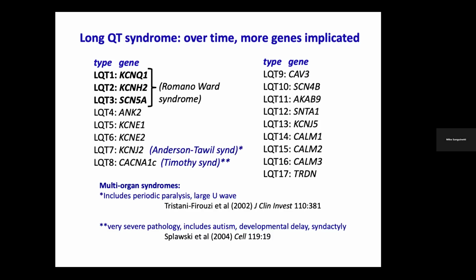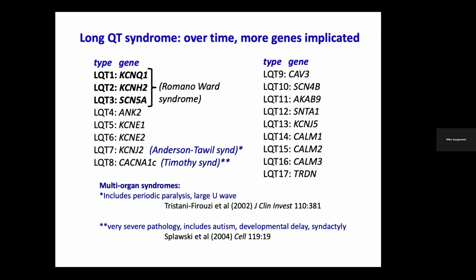And then the study that was pioneered by Louis Potacek as the geneticist and our friend right over here, and Marty, found that KCNJ2 loss of function mutations causes Anderson-Tawil syndrome. This is a multi-organ syndrome that includes periodic paralysis, so it affects the skeletal muscles, and it is really a large U wave rather than a prolonged QT.